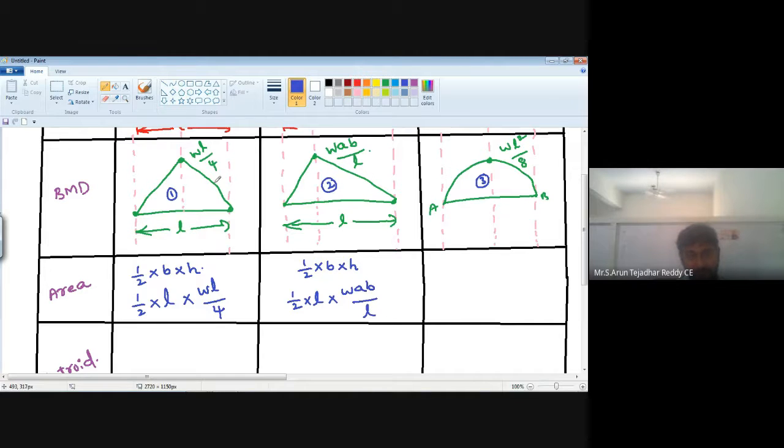Why is it different? The first diagram is a symmetrical structure, so the span is divided into L by 2 and L by 2. Finally, we can write the height as WL by 4.